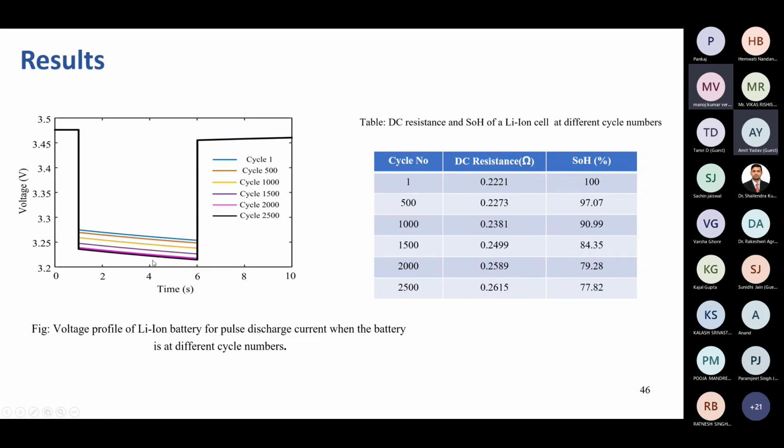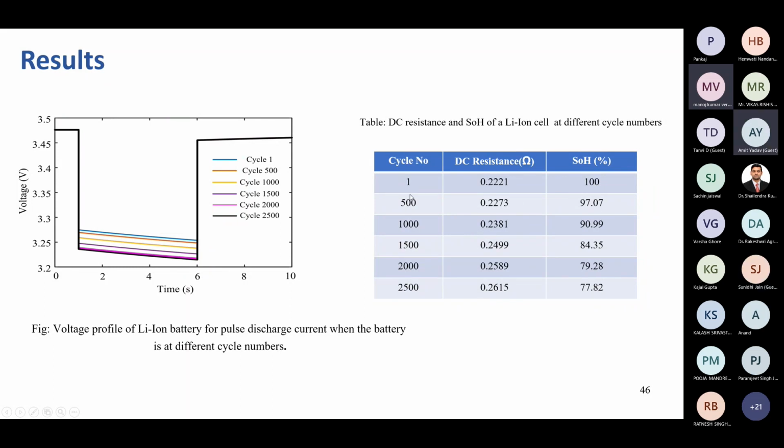We have to give a pulsating current, and from that we can estimate how the resistance has increased over a period of cycles. That is another method to find the SOH by measuring only the DC resistance and the number of cycles, and the DC resistance and the state of health of the battery.